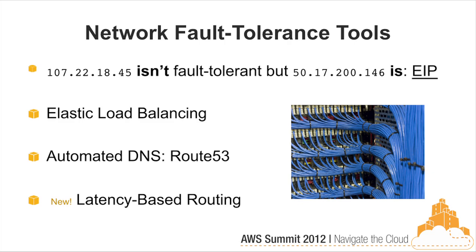We've also just added a feature to that, a hugely important feature from a fault-tolerant standpoint, in latency-based routing. So now you can have one DNS entry from us that points to all the different regions that you have access to, all the different regions that you have active systems in. And the folks that come in to use your resources, we figure out which region they're closest to and route the traffic to the appropriate place.